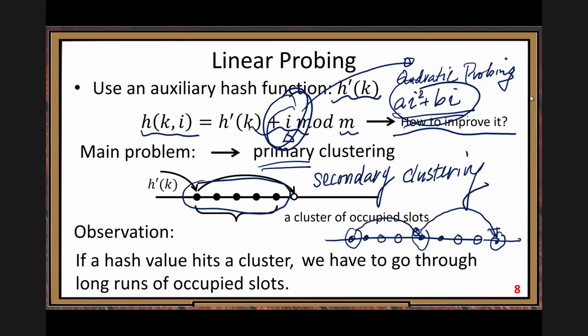So we call it a secondary cluster. It's better than linear probing, but still not an ideal solution.